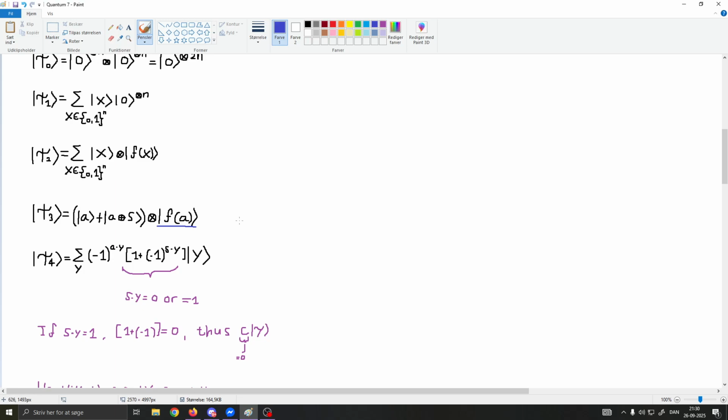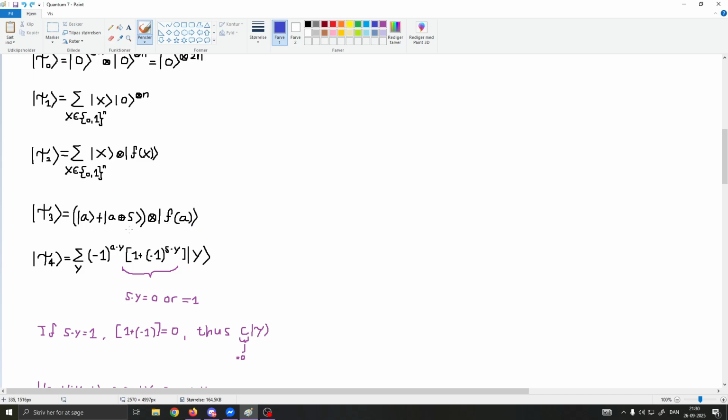Now that would obviously have the inverse effect of corresponding to our input register being whatever would result in this. Basically, if we measured that the second register was f of A, that would only be possible if our input register was one input or the other, of the ones that would contribute to this.